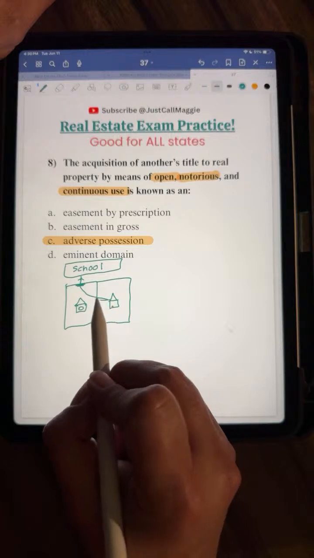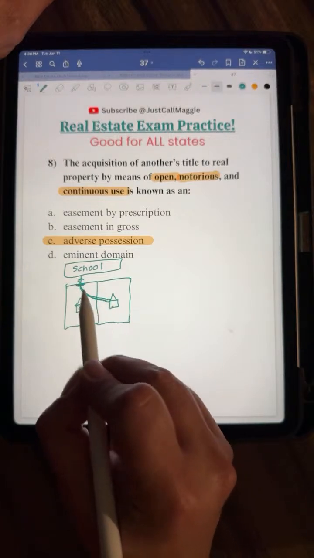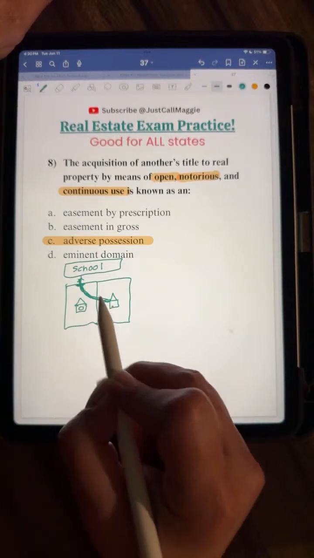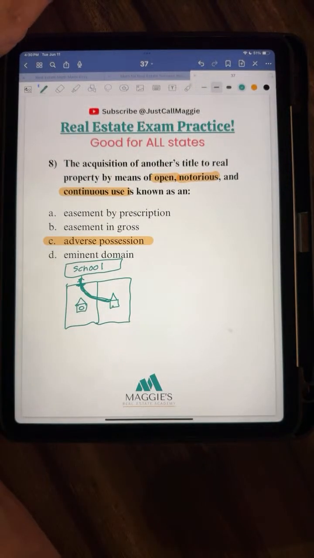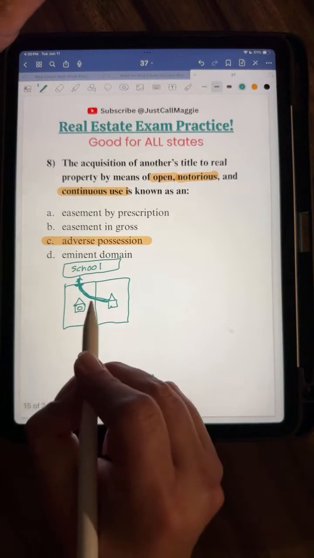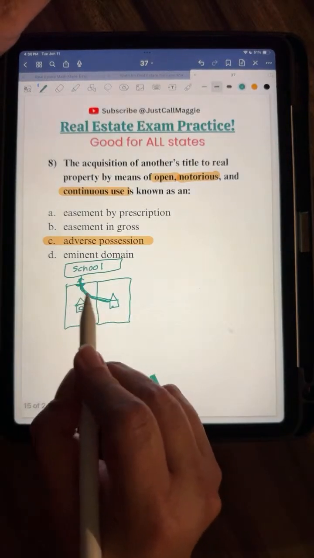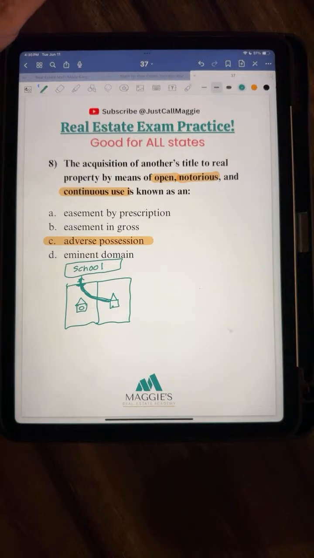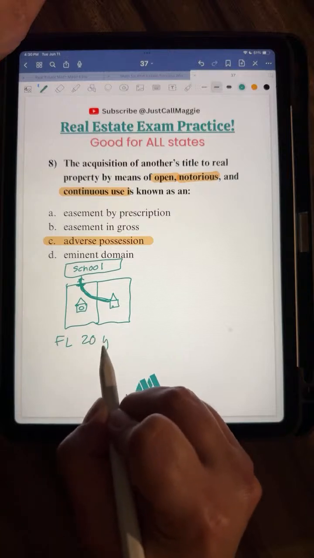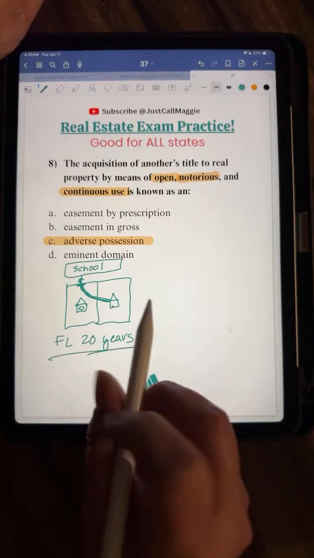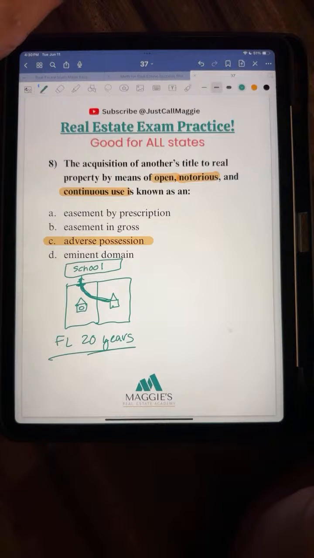Well, guess what? After a certain amount of years, this person just kept going through this guy's yard, and now that became an easement by prescription. That's what that is. Continuous and uninterrupted use of a portion of another person's property. If you're studying in Florida, it takes 20 years to obtain an easement by prescription.